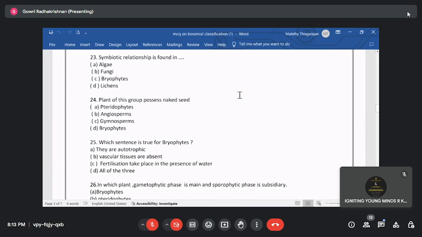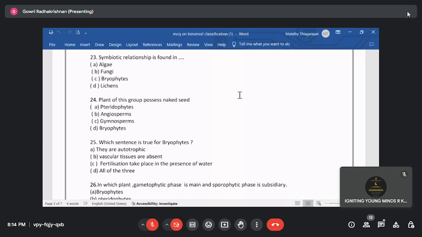All right. 23. Symbiotic relationship is found in option D. Yes. The plant of this group possesses naked seed. 24. Gymnosperms. Yes, gymnosperms.